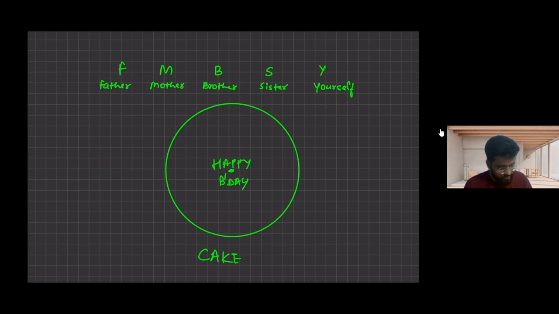You will give some of the piece to your father and some of the piece to your mother. This you have already given, for eating. This has gone to father and this has gone to mother.